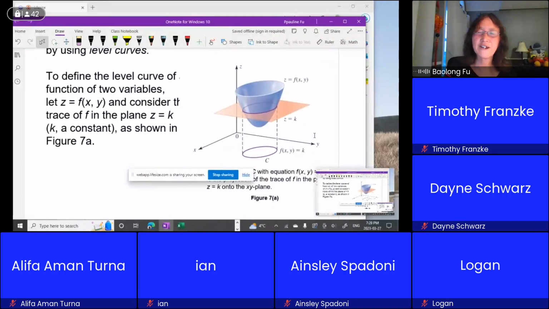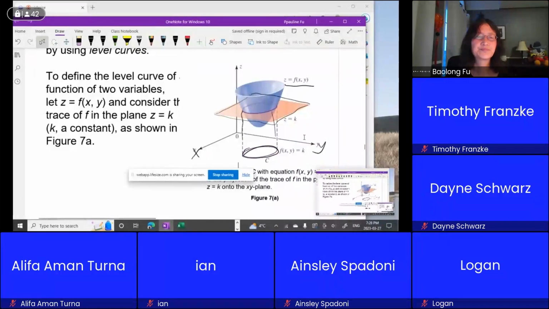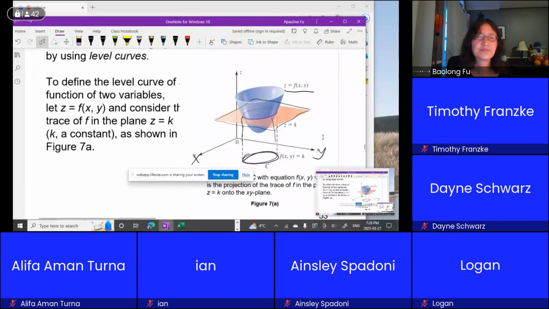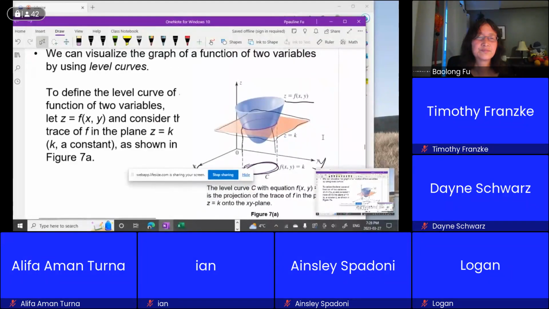If we have this function z equals f(x,y), and we use a plane, see this pink part, if we cut and then project it to the xy plane, you get this.